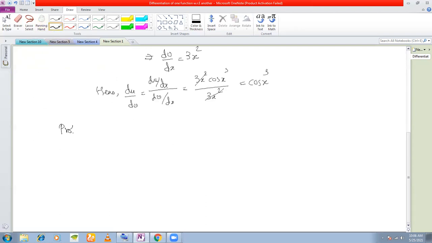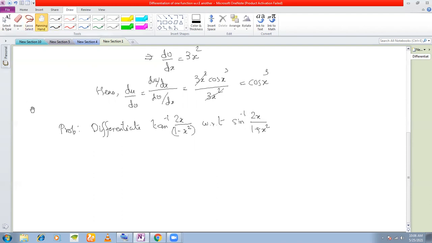The question is: differentiate tan inverse of 2x by 1 minus x square with respect to sin inverse of 2x by 1 plus x square.